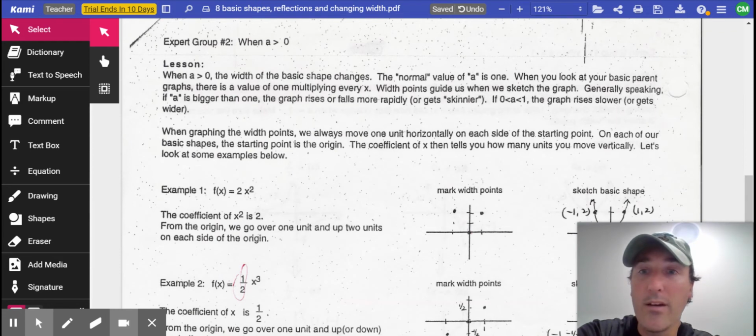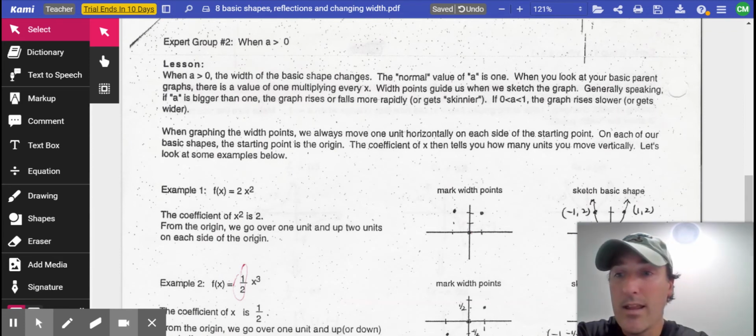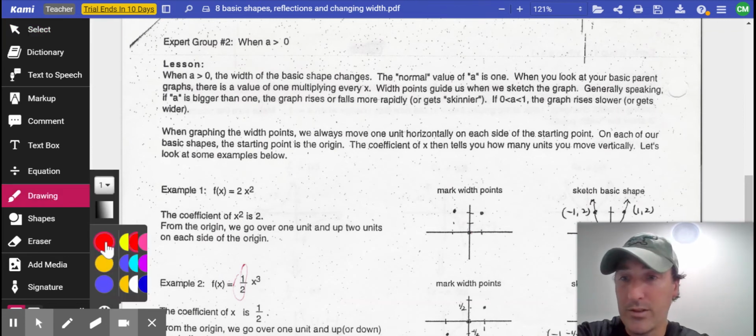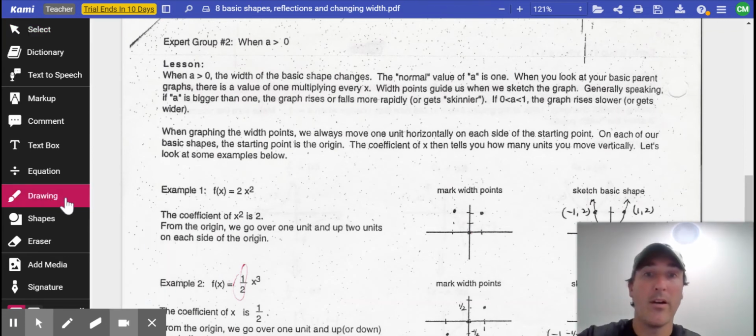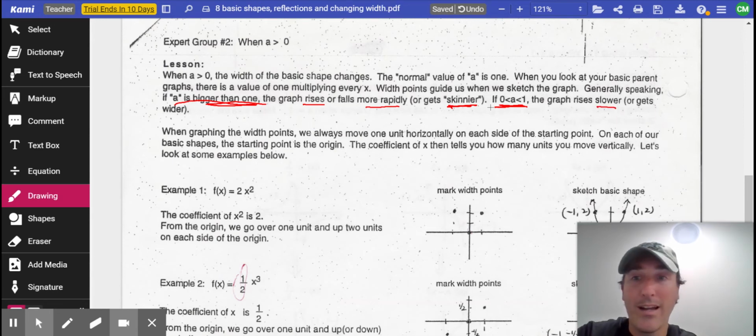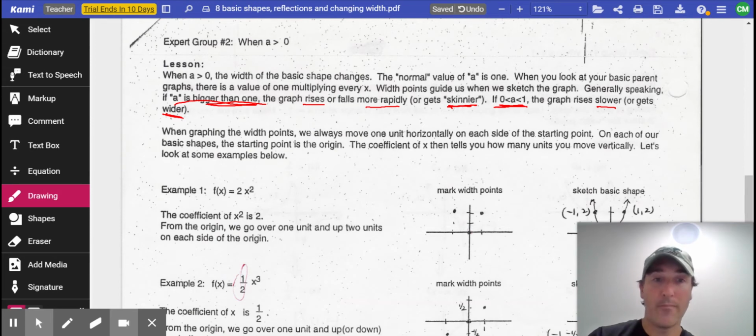Here's the main thing, so I don't just have to regurgitate everything that's up here: if a is bigger than 1, the graph rises or falls more rapidly, it's going to get skinnier. If a is a fraction that's less than 1, the graph rises slower and it's going to get wider. All right, that's the easy way to remember it.